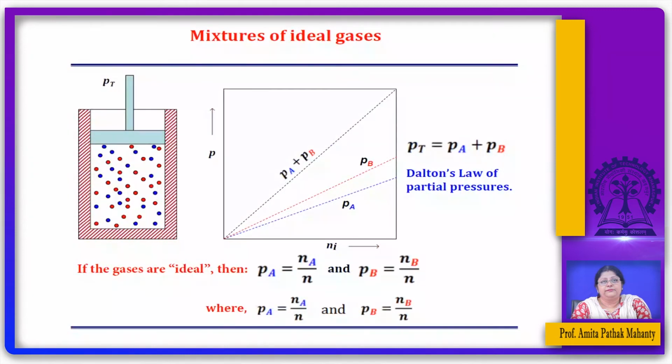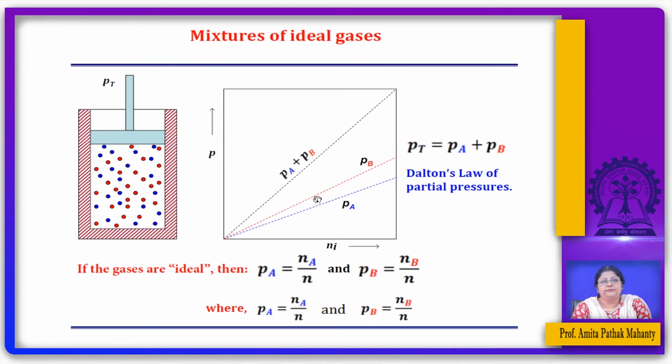Now, before we go into the non-ideality in solution, I want to remind you what we had done in the mixture of ideal gases. In ideal gases also we had said that if there are two types of gases mixed in the cylinder, then the total pressure, according to Dalton's law, is the summation of the partial pressures of the two gases present.